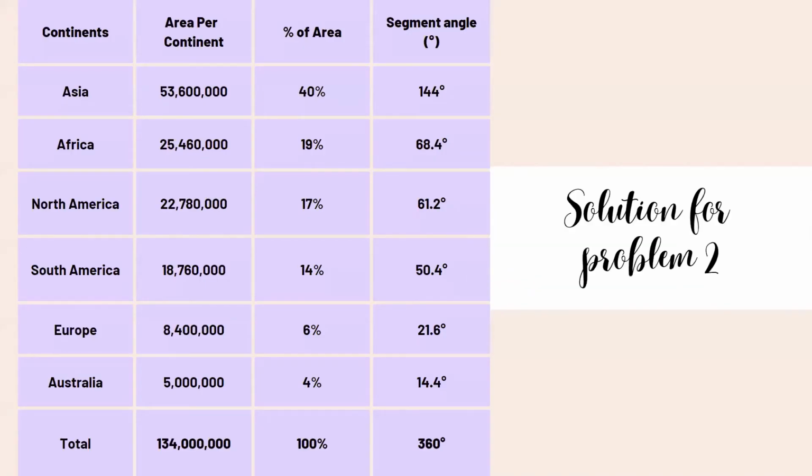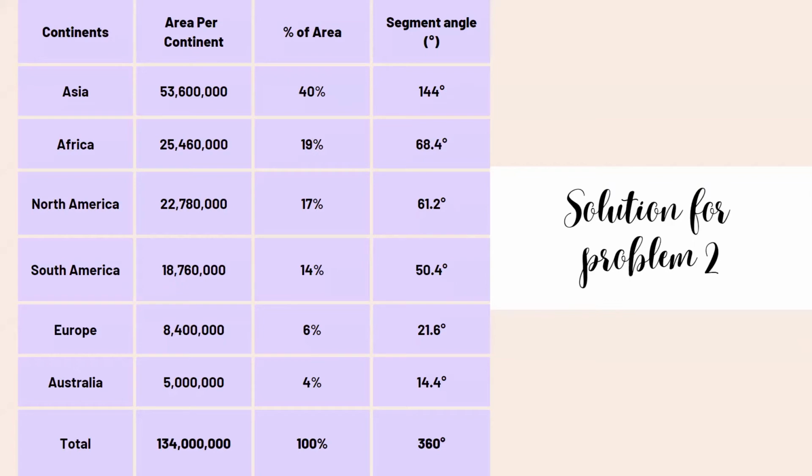And here, we can see all the percentages and angles for each continent. For example, for Africa, 25,460,000 over 134 million times 100 is equal to 19%.